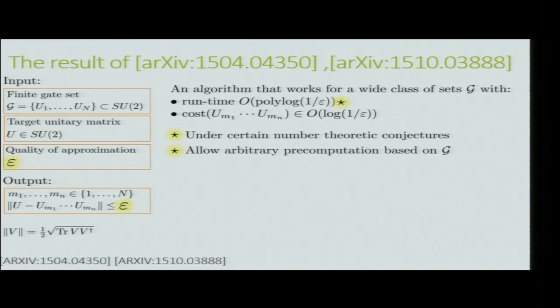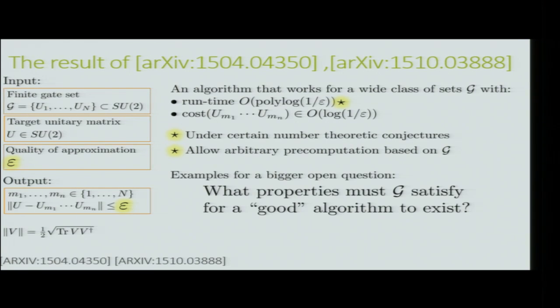It's not about building a database anymore, and the precomputation just depends on G. So, for example, if we are given the V basis, we just solve some problems related to it. Let's go further, and you'll see what those problems are.